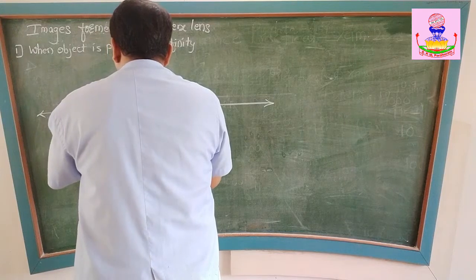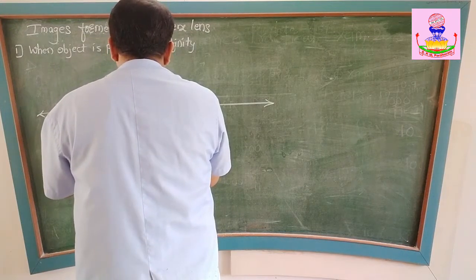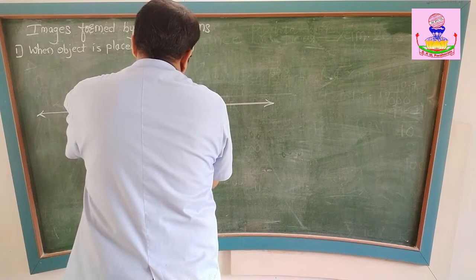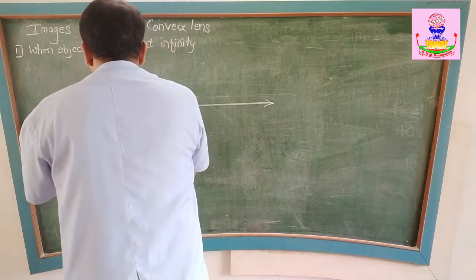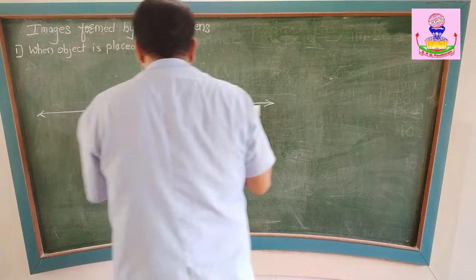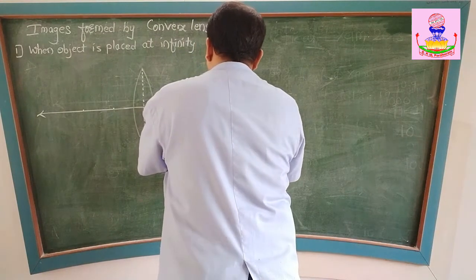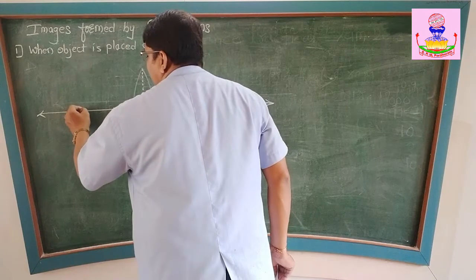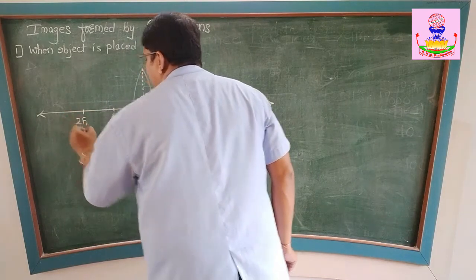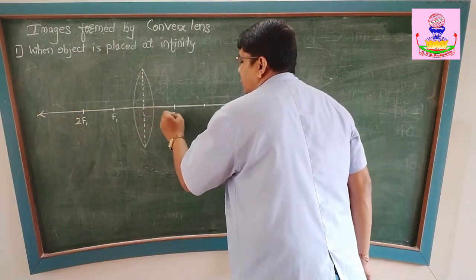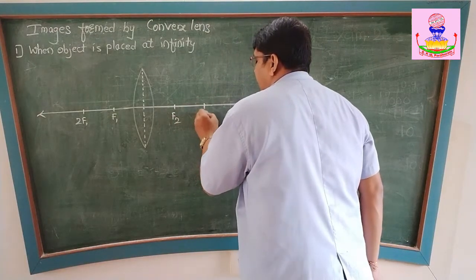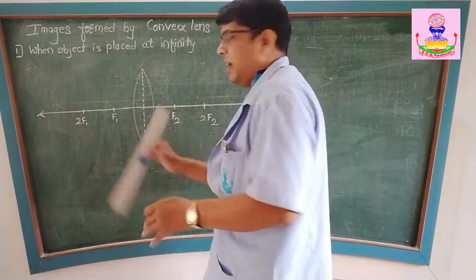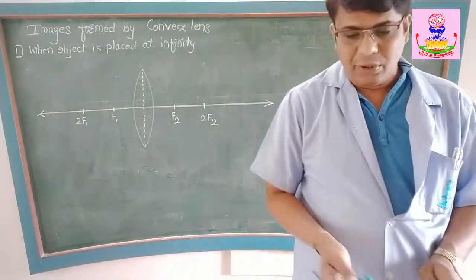So this is f1 for me, and this is f2, and from this 2f1 and 2f2. So this is f1, this is 2f1, f2, and 2f2. Labeling you can do it. I am not going to do that.